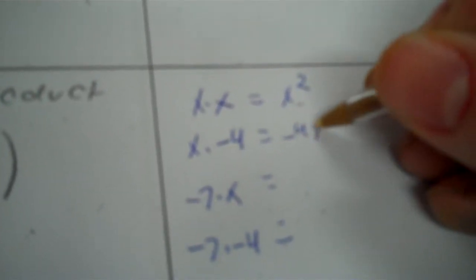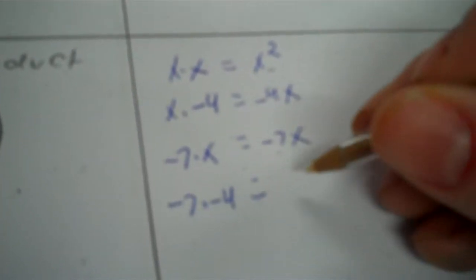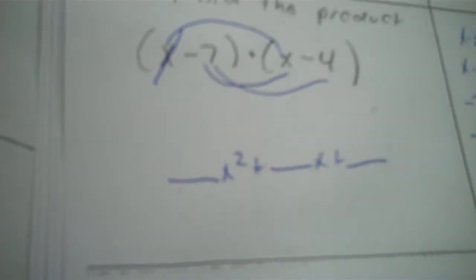So x squared, negative 4x, negative 7x, and then positive 28. So x squared, you can put a 1 in front if you want a coefficient. So it'd be 1x squared, add those, negative 11x, and add those, 28.